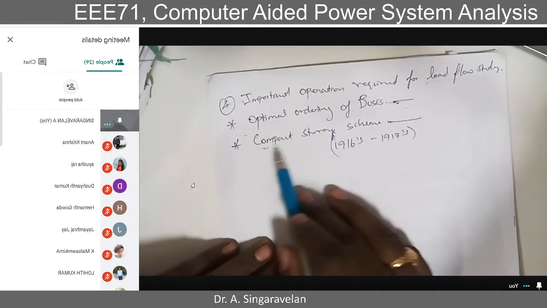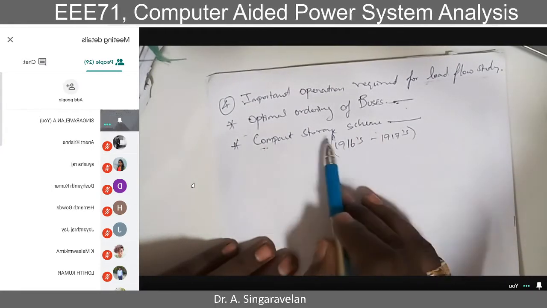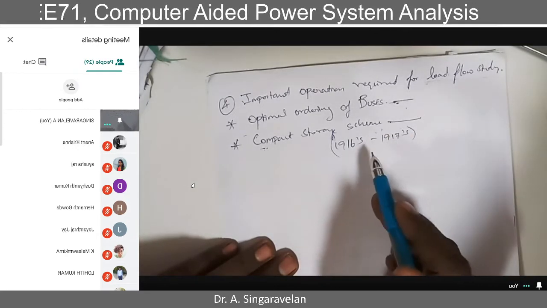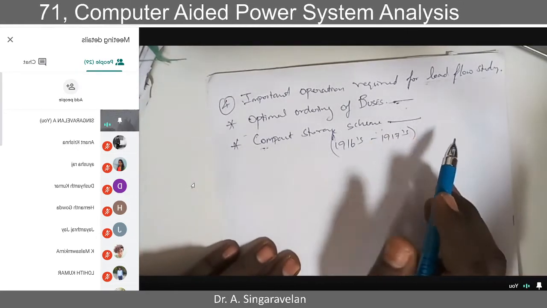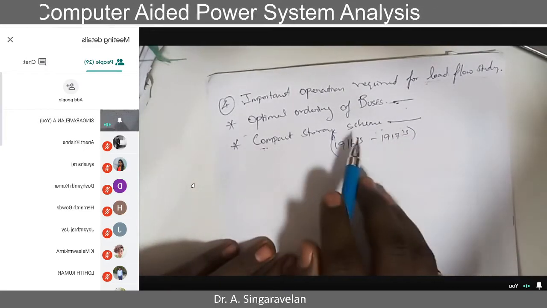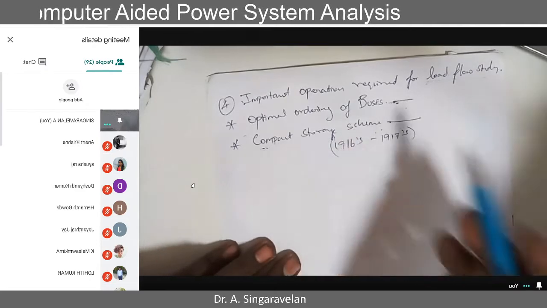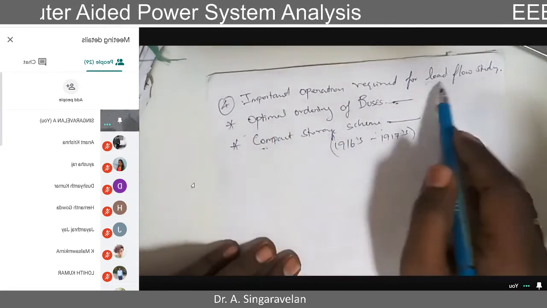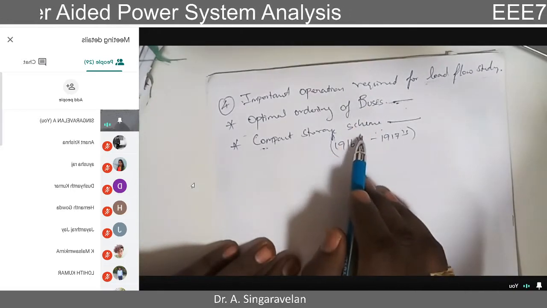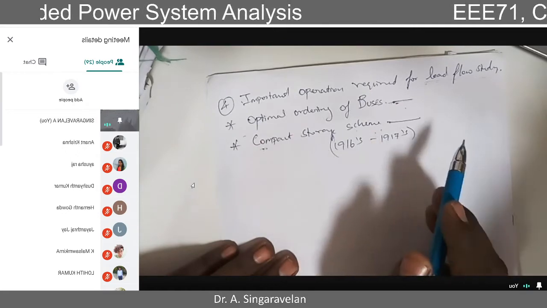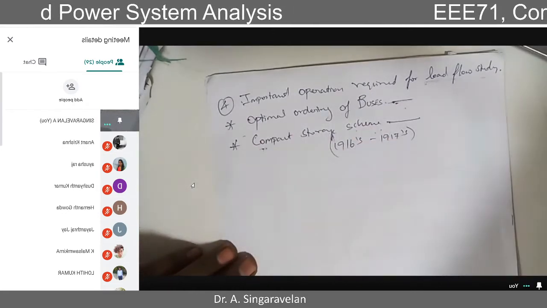Because of that this term came, compact storage scheme. But nowadays in modern systems it is not a matter, because we can store the electricity in a distributed way or in a generalized way. In modern power systems we are not using this, but the point is included for load flow analysis. This is an old method, so we are not currently using it anywhere. Just to understand this thing.